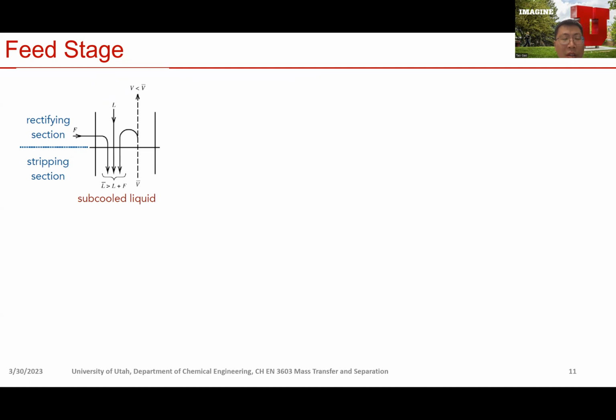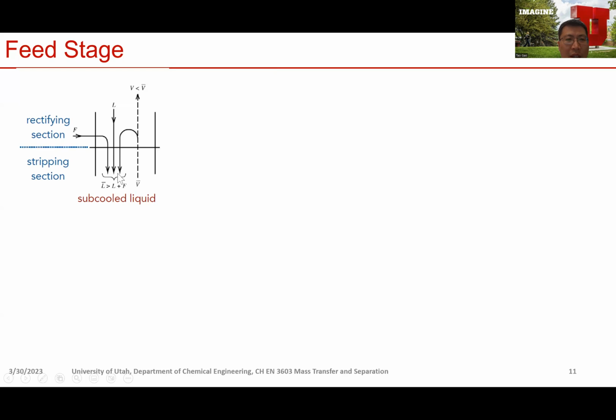Okay, depending on what type of feed it is, what the feed condition is, there can be different outcomes. So if we look at this case where we have a subcooled liquid, the feed is a subcooled liquid entering the tower.